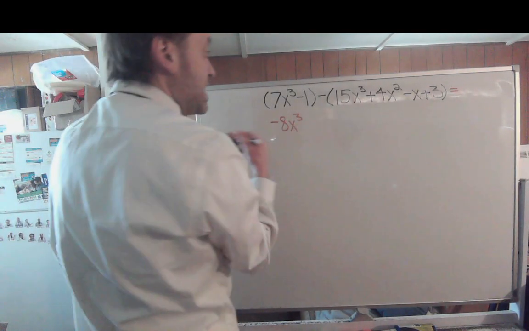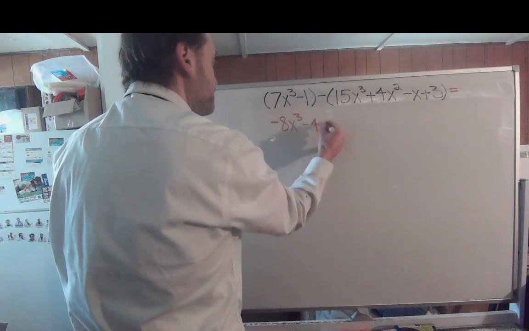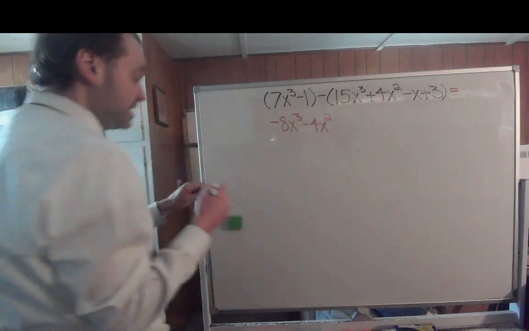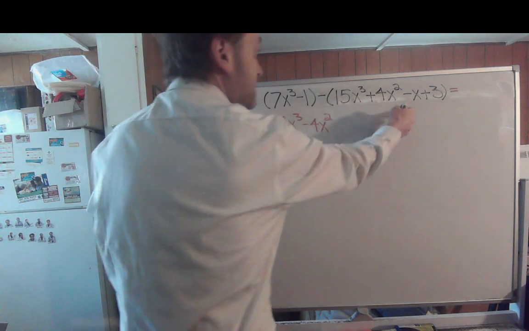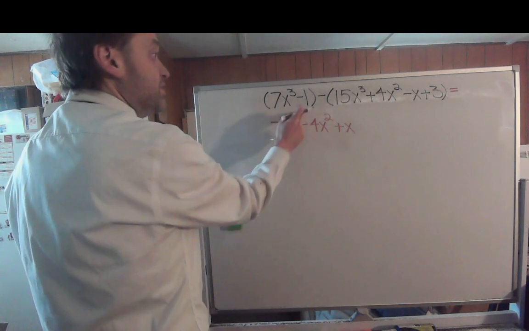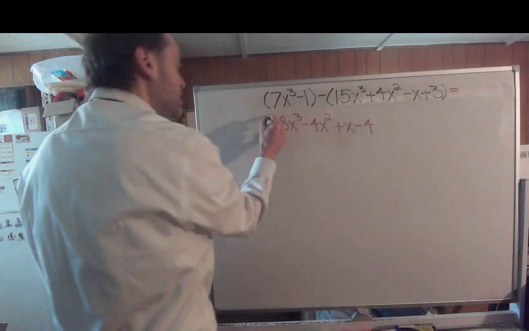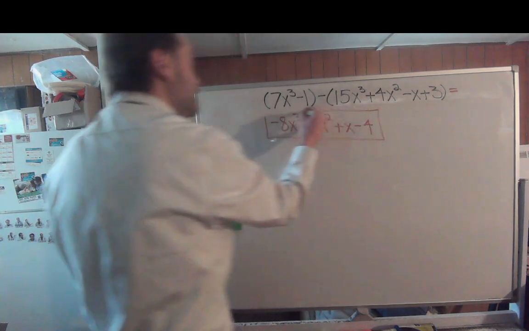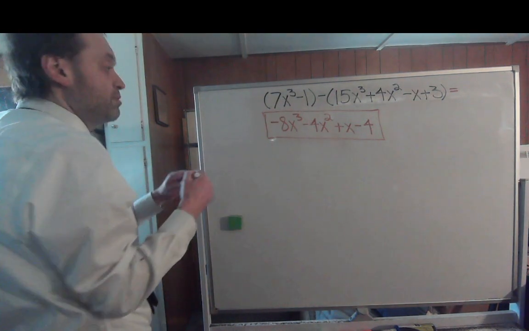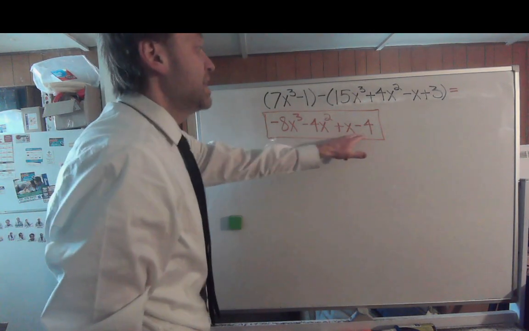So just subtract 4x squared, so you'd have negative 8x to the third minus 4x to the second, minus negative x would turn into plus x. And then you have negative 1 minus 3, that'd be minus 4. So the answer here, once you simplify, would be negative 8x to the third minus 4x squared plus x minus 4.